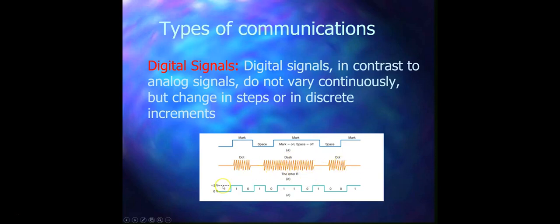At the output side, this is an example of a telegraph. Let's assume this is Morse code, a continuous wave code, and at the output you will get something like this between 0 and 5 volts, and the signal will be in the form of 0 and 1. So this represents digital signals, which work in on and off condition.